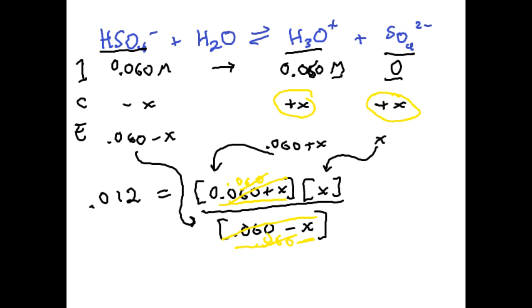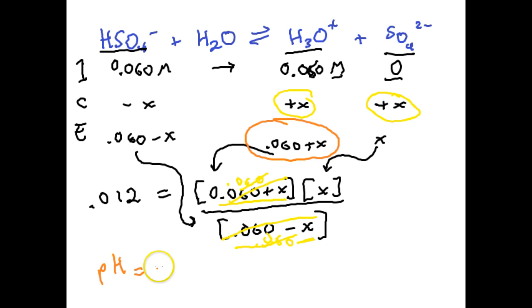If you choose to make that approximation, because this is a multiple choice question, then you're going to get x equal to 0.012. And if you get x equal to 0.012, then you can find the pH right away, because the pH is the negative log of the H3O plus concentration.